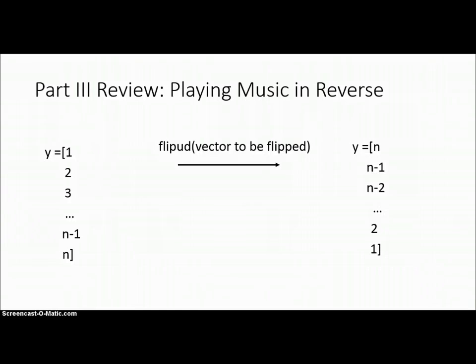And we said since in our program we are using column vectors, if we wanted to reverse the music, what we needed to do was to use the flip upside down function inside of Matlab in order to take our music, which was, let's say, in this order, the first sample, second sample, third sample, so on and so forth, till the last sample, use that function, putting the variable y in here, which is a vector. And then what that would do is it would reverse the vector so that the last sample is first and the first sample is last, and all others correspond to that order. Okay, so that's how we reverse the music.